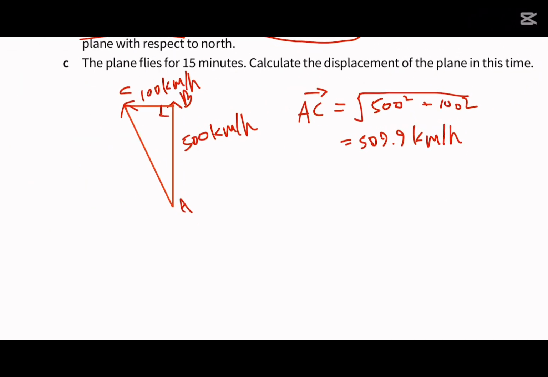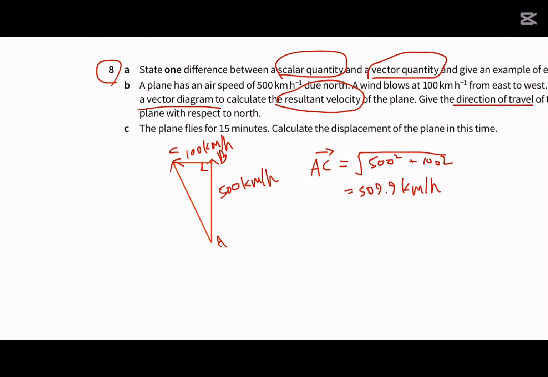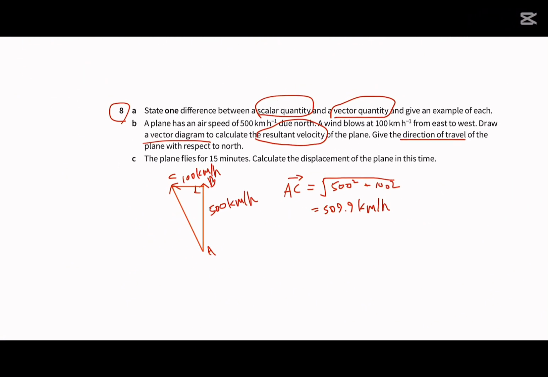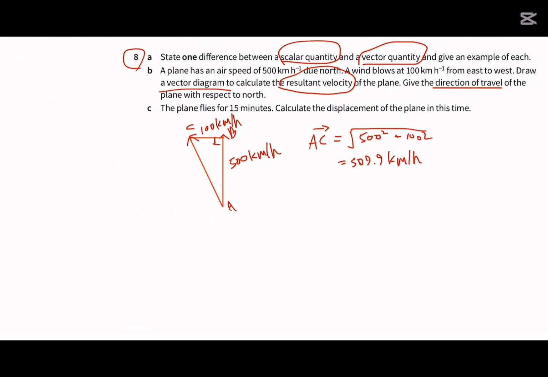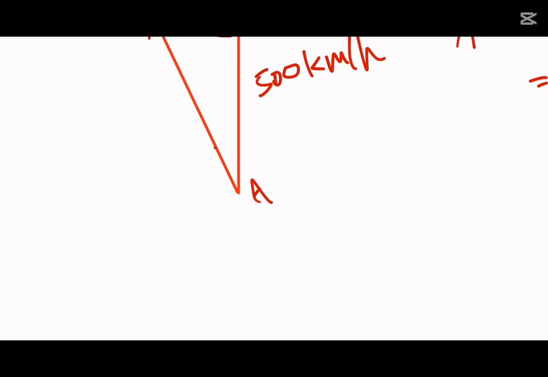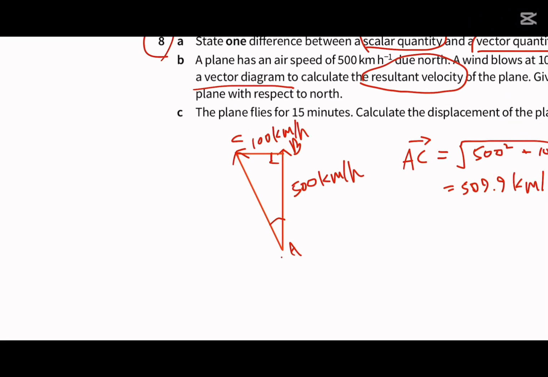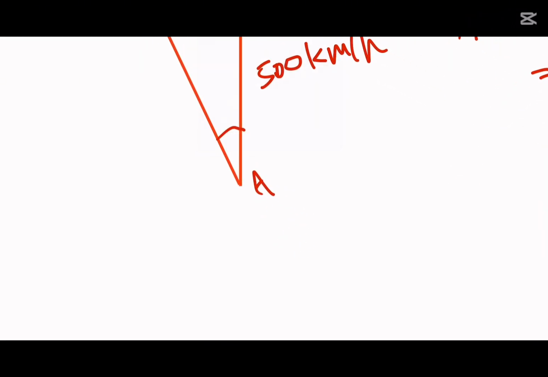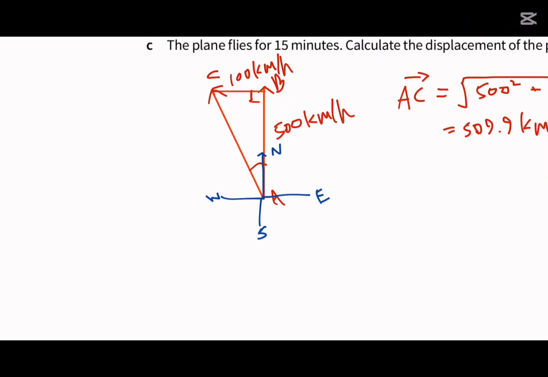Now you can calculate the direction. The direction will be this, and let me mark north, east, south, west. I need to calculate theta right here, so I'm going to use tangent.